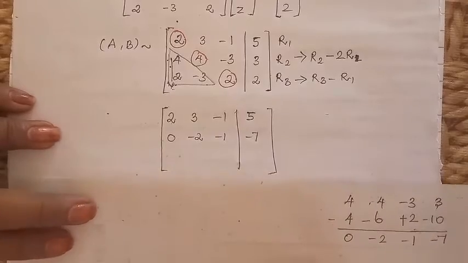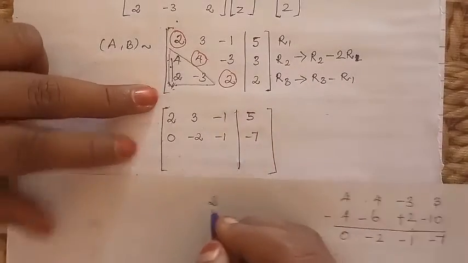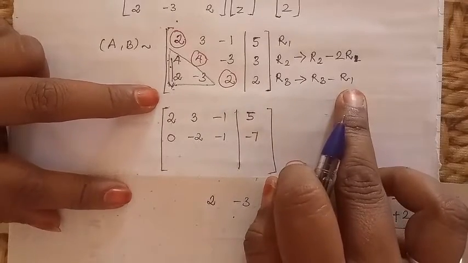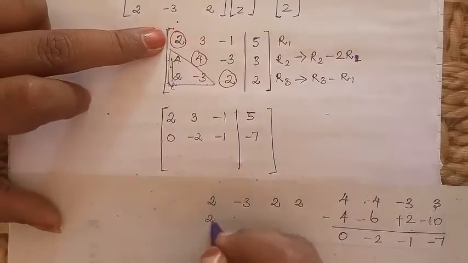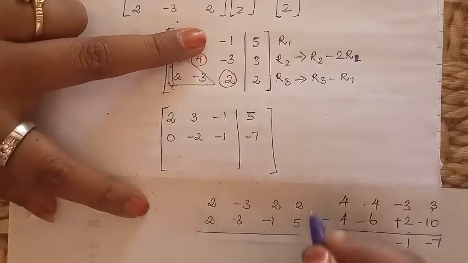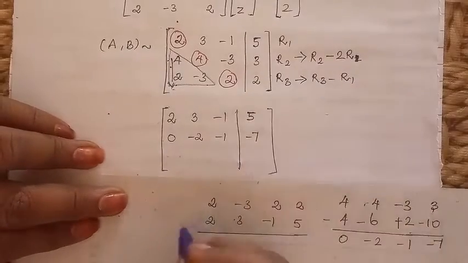Next is row 3. Row 3 is 2, minus 3, 2 and you have to subtract R1 from it. R1 is 2, 3, minus 1 and 5. You have to write the constant matrix value also. So this is to be subtracted.